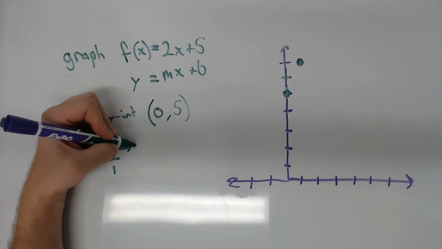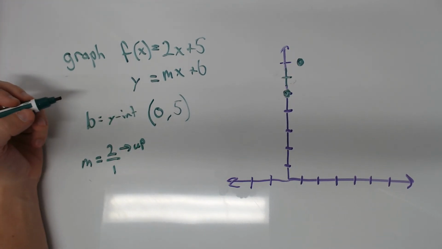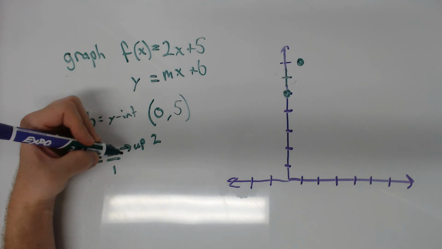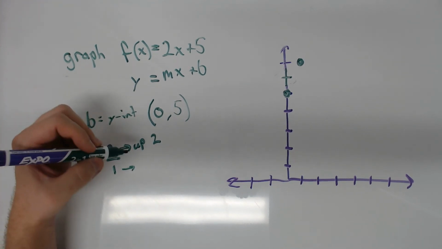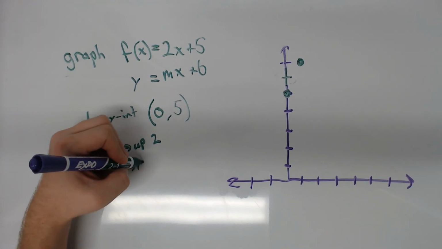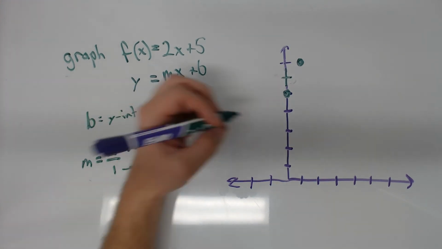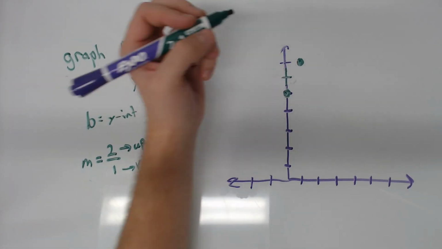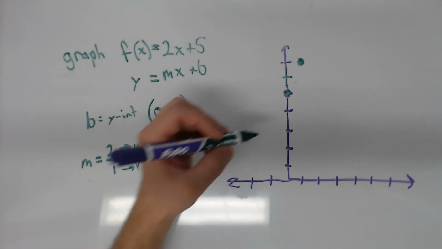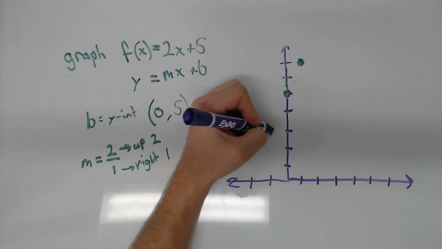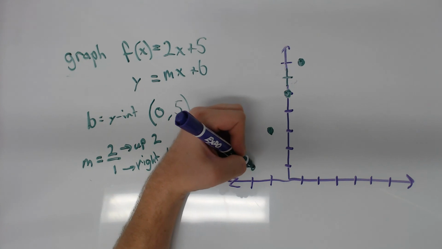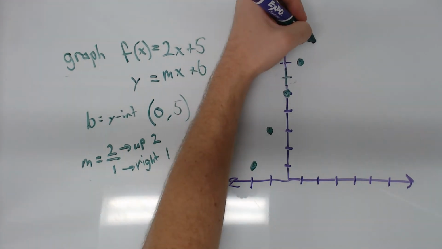Positive numbers on top are up, negative ones would be down, so up 2. The bottom, positive numbers are right, negative numbers would be left, right 1. So up 2, right 1. And we can go backwards. Down 2, left 1 works the same way. Down 2, left 1 again, and it forms a line.